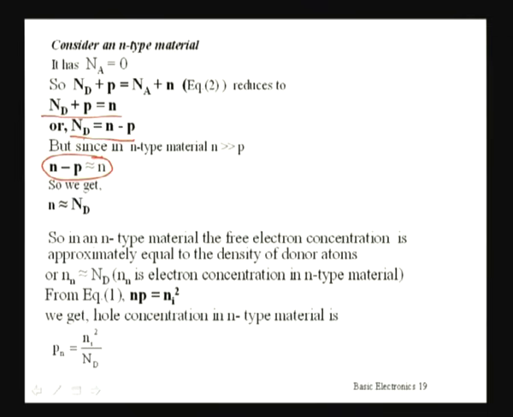Then the electron concentration is almost equal to the concentration of donor atoms, Nd. If we use a subscript small n, the electron concentration in an n-type material, Nn, is equal to Nd. From this we can get the hole concentration for this n-type material, given by Pn is equal to Ni square by Nd.